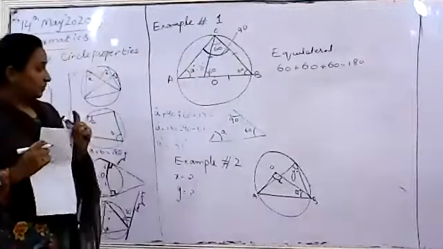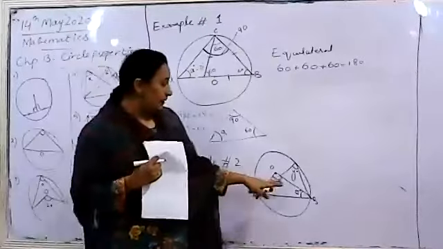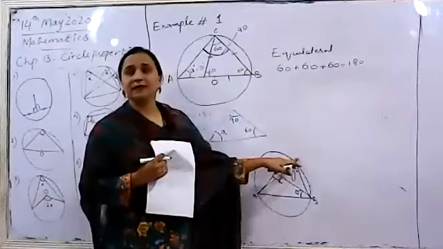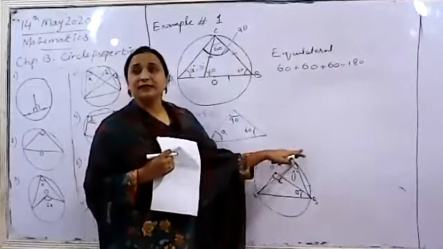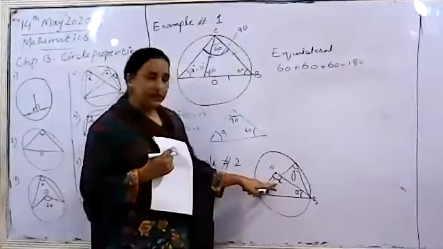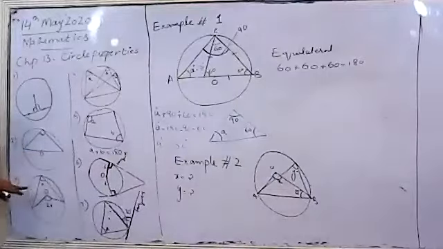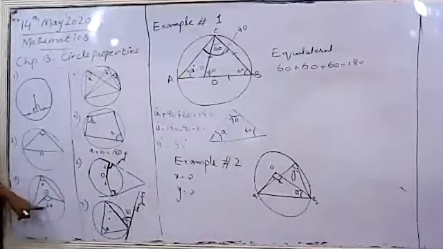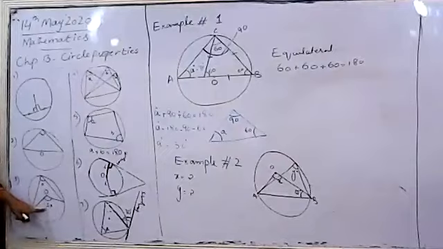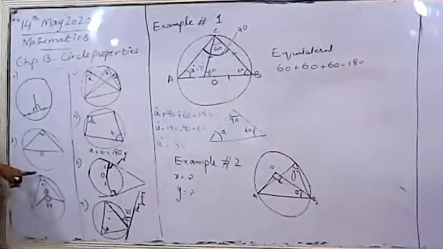Now, keeping in mind the property that angle made at the circumference is always half of the angle made at the center of your circle. I'll go back to my properties and find it over here: the angle made at the center is always double the angle made on the circumference, right?